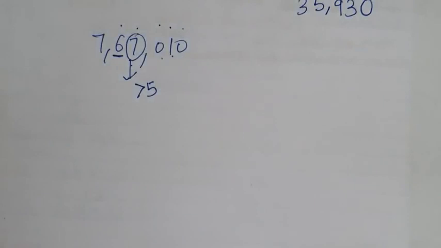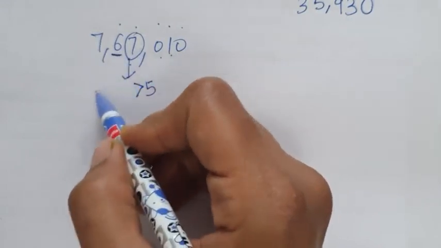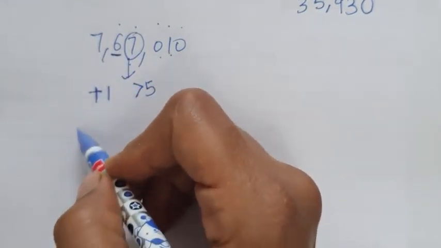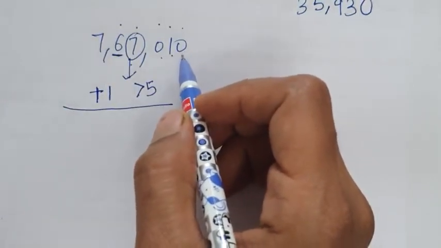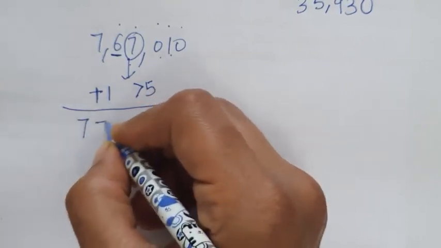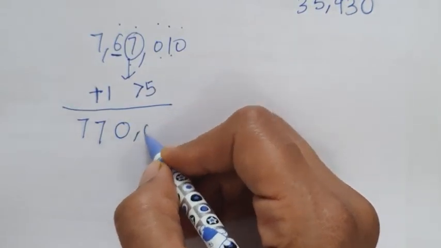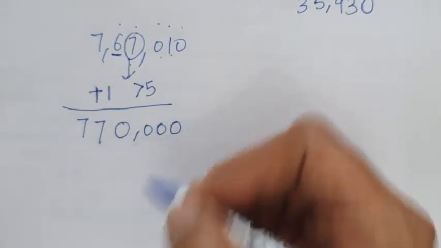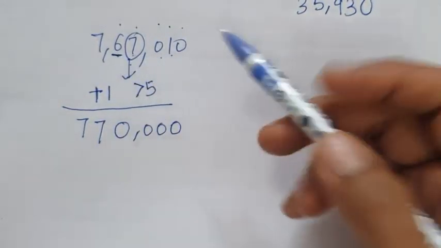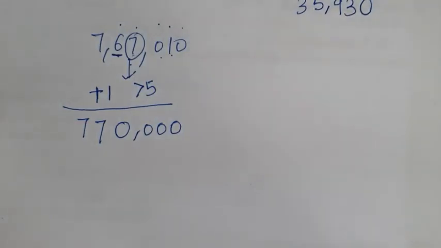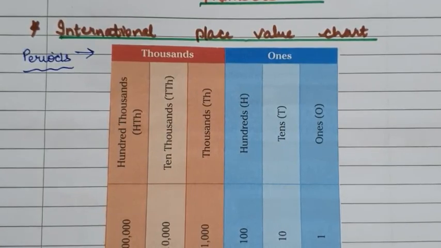So listen carefully, we will add 1 to the underlined digit, and then all the rest of the digits will become 0 only. That is 7, 7, 0, then 0, 0, 0. Means once we are done with the underlined digit, all the rest of the digits will become 0 only.